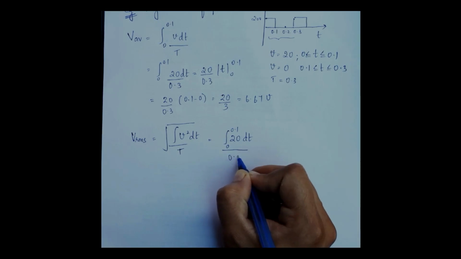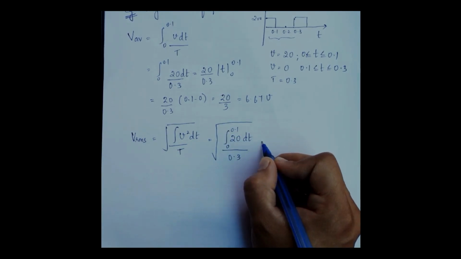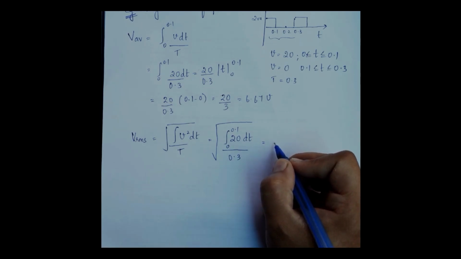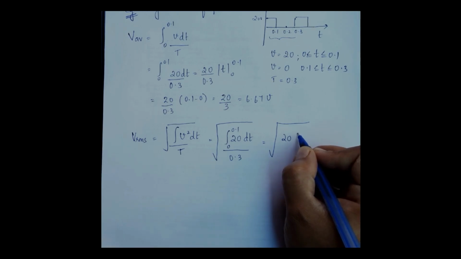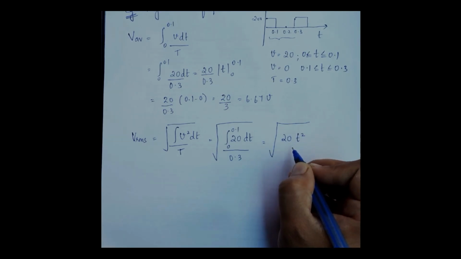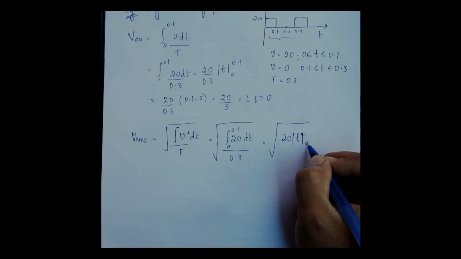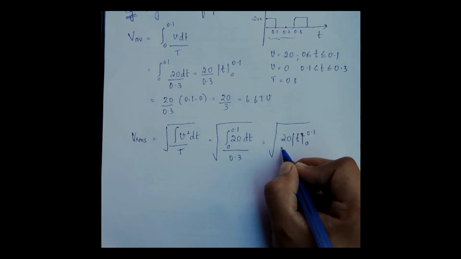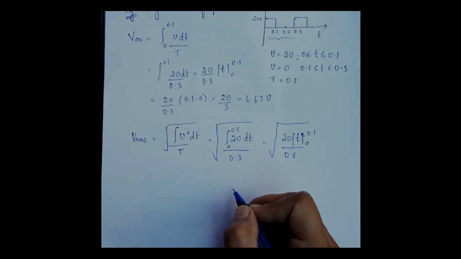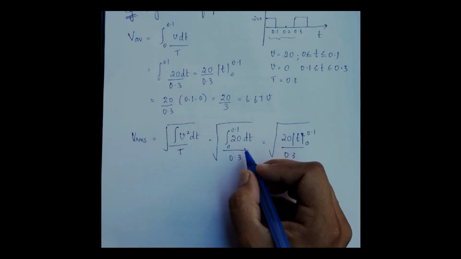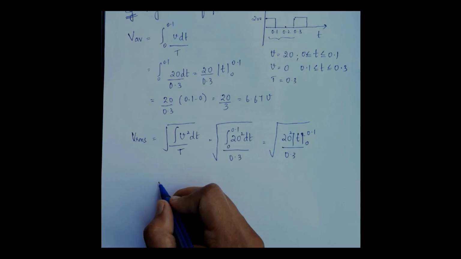Divide by time period 0.3 and take the root. 20 square t square by, it should have been 20 square, sorry, because it's v square.